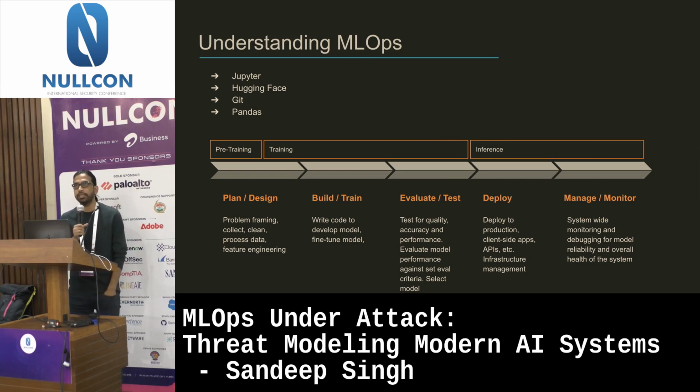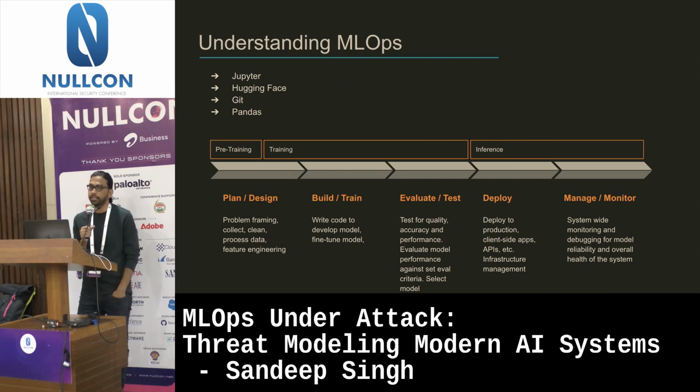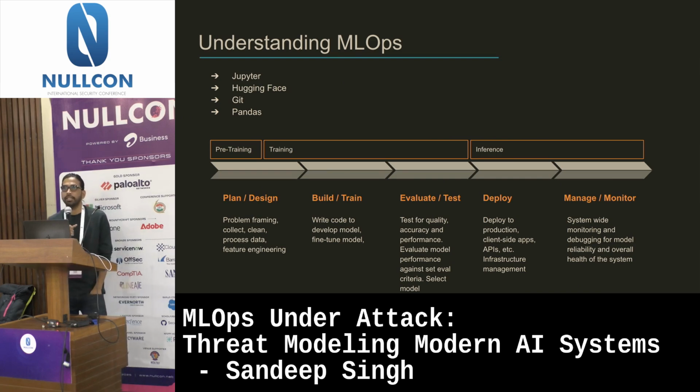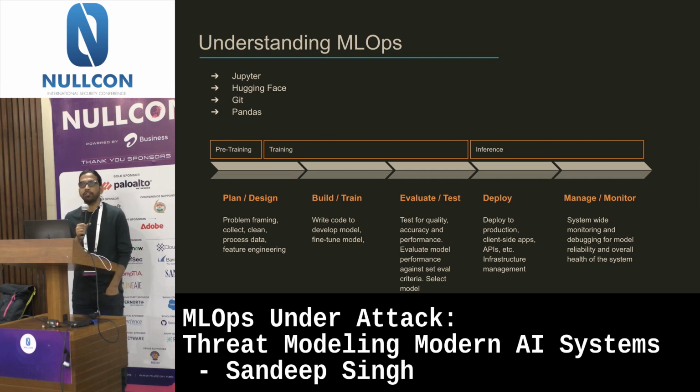They use it to clean data and work with data. Hugging Face, we'll talk about Hugging Face a lot later, but it's sort of GitHub for AI models, and this is where you can download a lot of pre-built models, pre-made data, etc. Git, of course. Pandas is another ML library that people use.